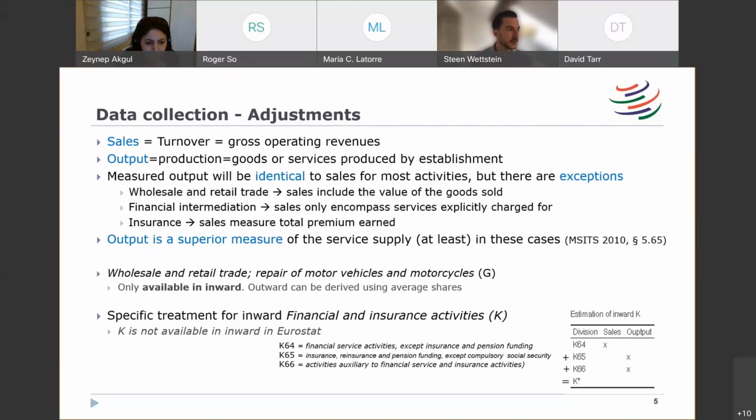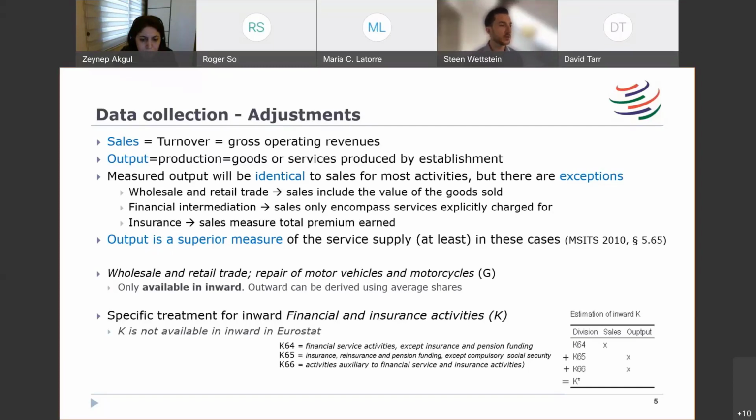So, and same for the financial intermediation and insurance. As it is mentioned, for example, in the international guideline, including the manual on statistics in international trade services, it is mentioned that actually output can be a superior measure for at least some of those industries, including those that I've just mentioned.